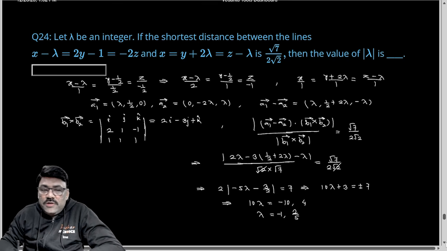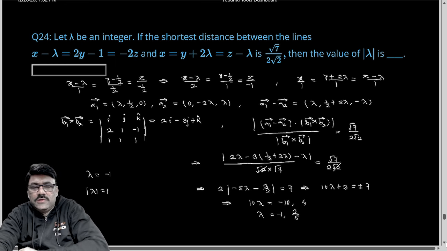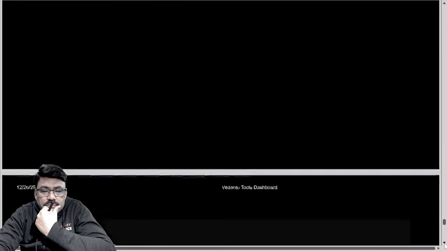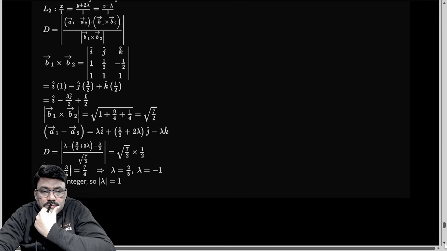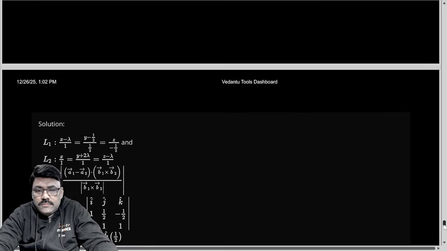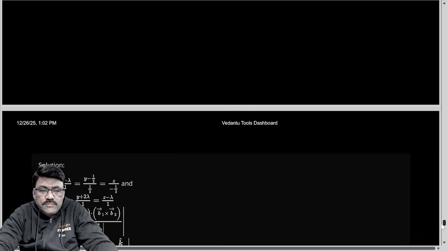So hence you will take the only integral value. Integral value is minus 1. So mod lambda will be 1 only. So 1 should be the correct answer here. Yes, 2 by 5 and minus 1.